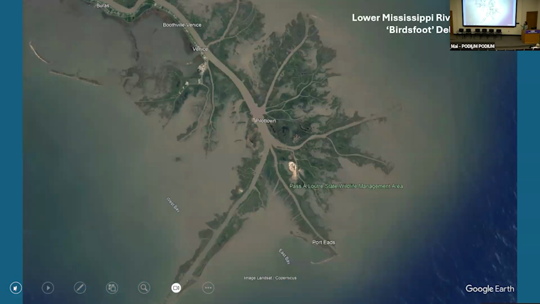And so this shows an area that should be prograding, but is transgressing for many reasons. This is the lower Mississippi River Delta, also known as the Bird's Foot Delta. This is an incredibly important area because it's a main navigation channel. I think $100 million worth of transport of goods every year goes through this main Southwest Pass.